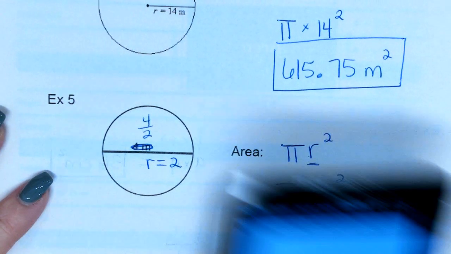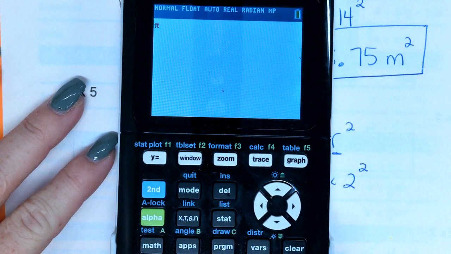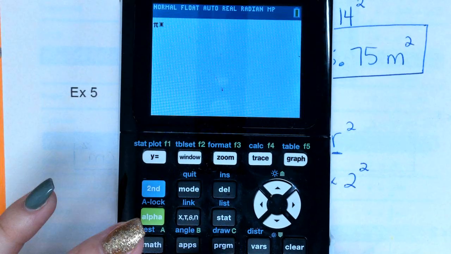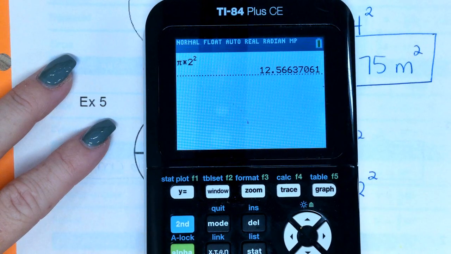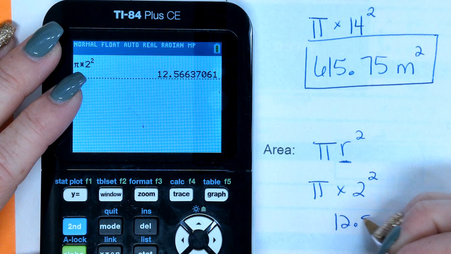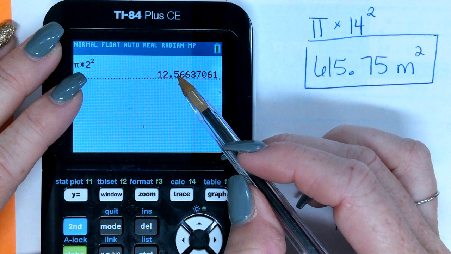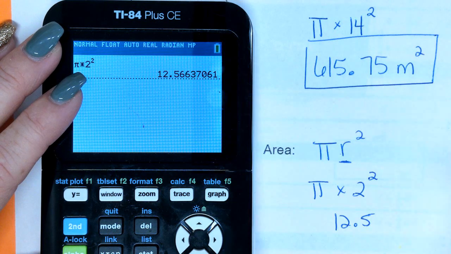Go to your calculator, hit second pi times 2, and then y'all remember where the squared button is, right here. Squared. Hit enter, and that's your answer, but we're rounding to the hundredths place. So am I going to put 12.56 or 12.57? Because this is 5 or more, so that goes up.